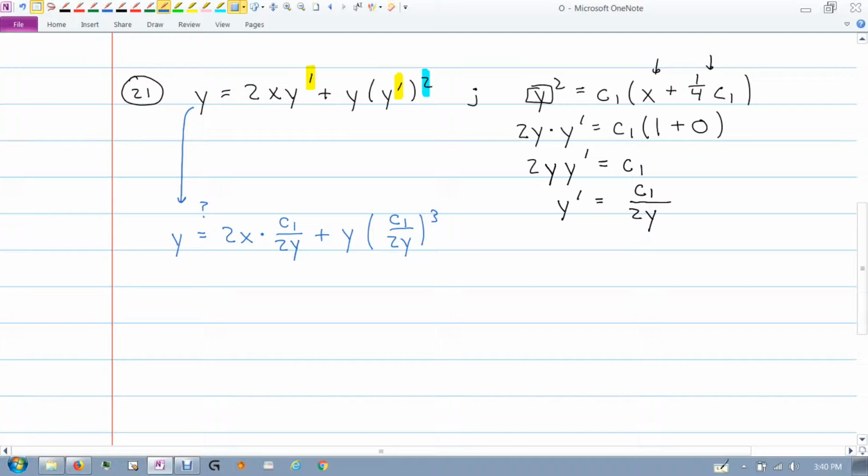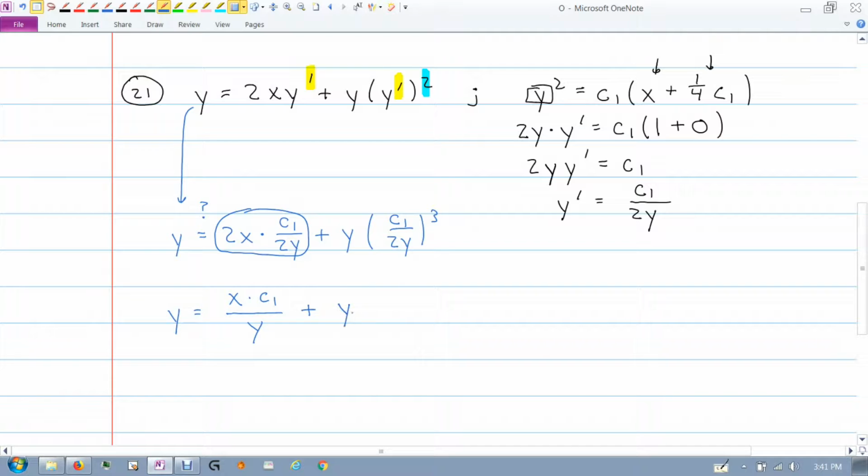And the question is, are these equal? This looks a little messy. When I put this together, the 2's cancel, so I just get x times the c1 on top, and then over y. Now on the second term on the right, the y's cancel. Oh, no, they don't. Oops, I forgot the cubed.